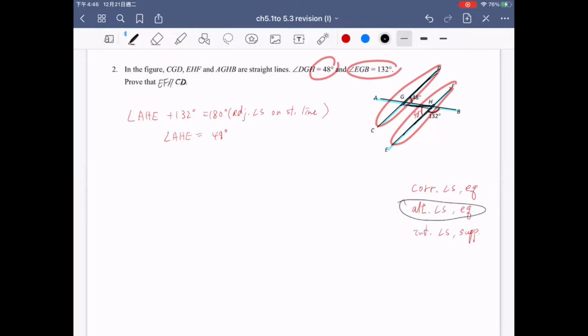So we have to state this one, angle AHE is angle DGH, 48 degrees. So we can say EF parallel CD, alternate angles equal. Okay.